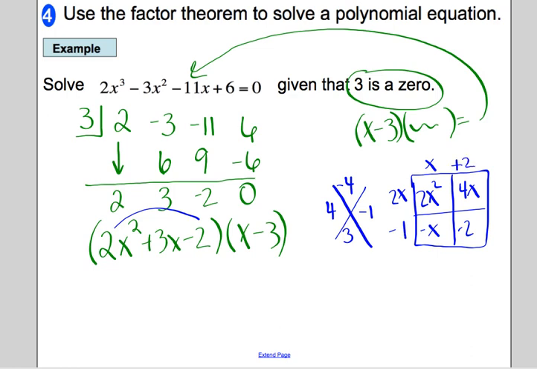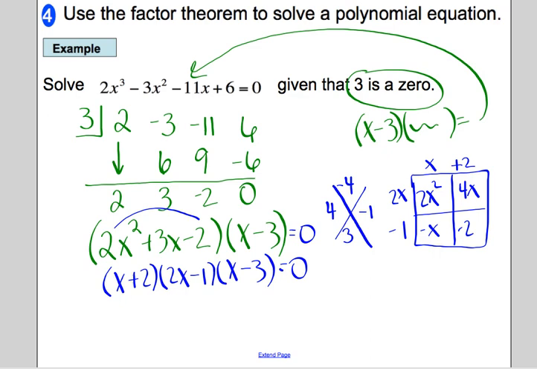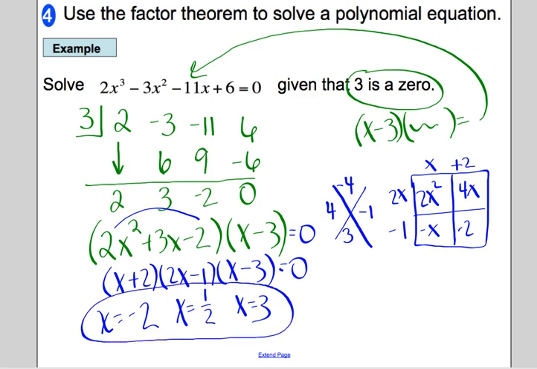So that means the factors here are x plus 2 and 2x minus 1. And we still have that x minus 3 from before. I can use the zero product property here and get negative 2 as a solution, positive 1/2 when I add 1 and divide by 2, and the x equals 3 we already knew. And now I used synthetic division to help get all the solutions to my equation.